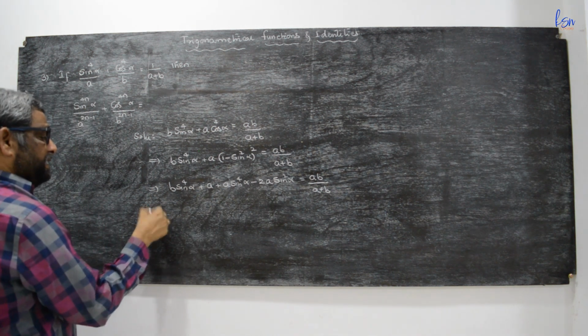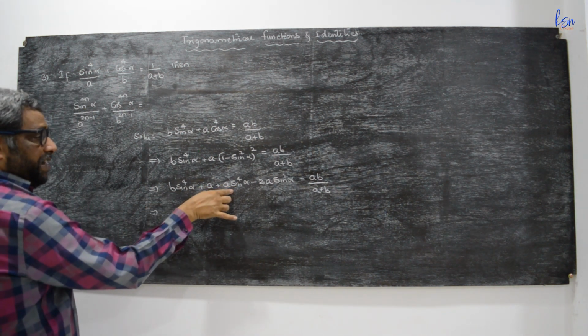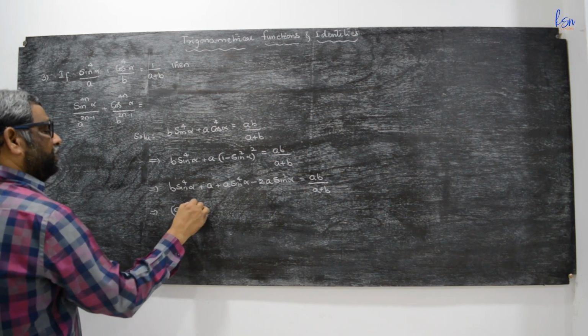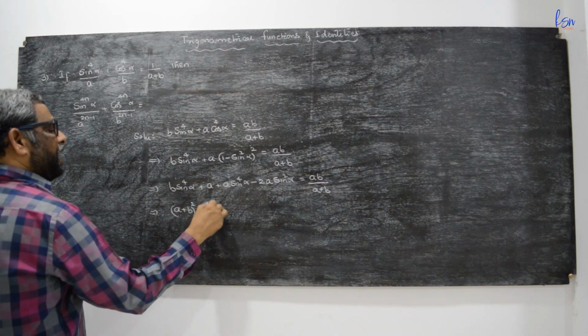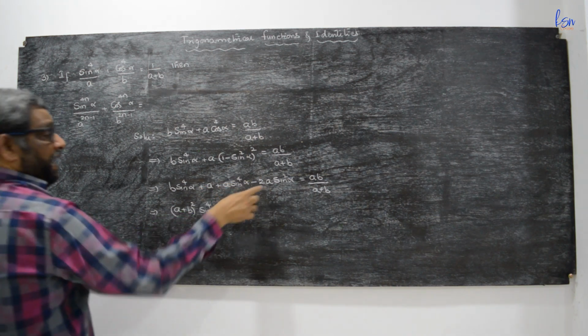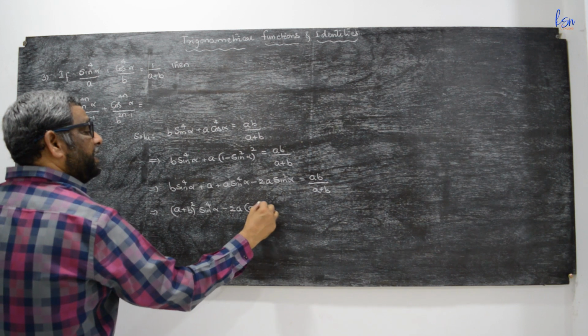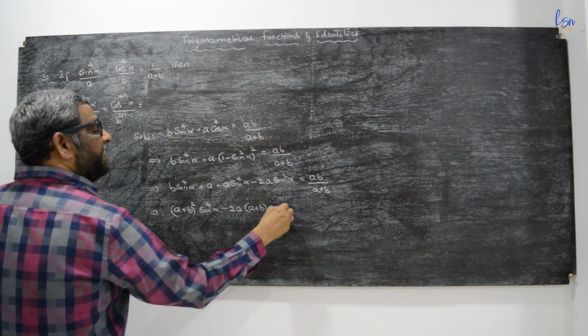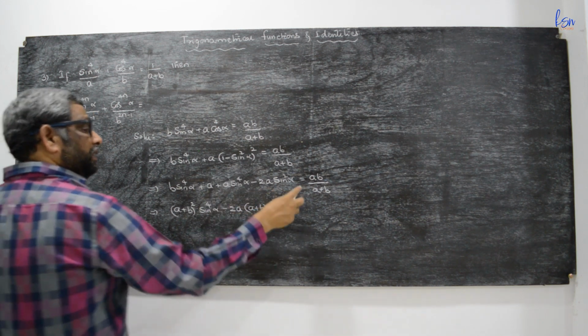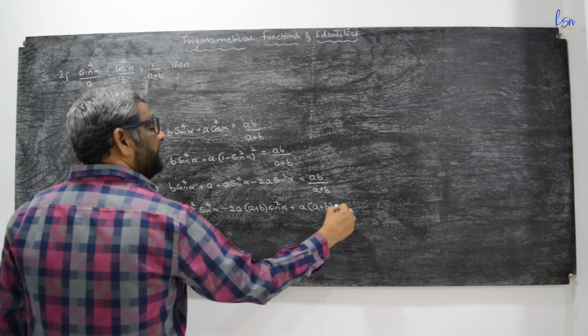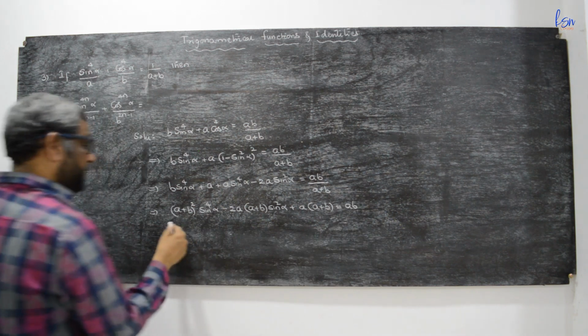Now this can be written as a plus b into sin to the power of 4 alpha; on cross multiplying, a plus b whole square into sin to the power of 4 alpha minus 2a into a plus b into sin square alpha plus a into a plus b is equal to ab.